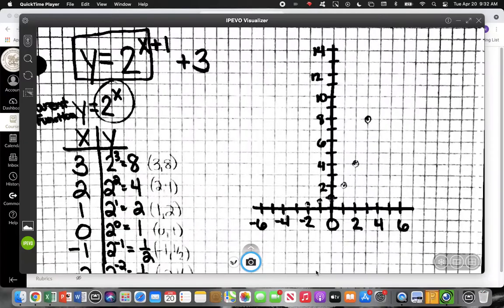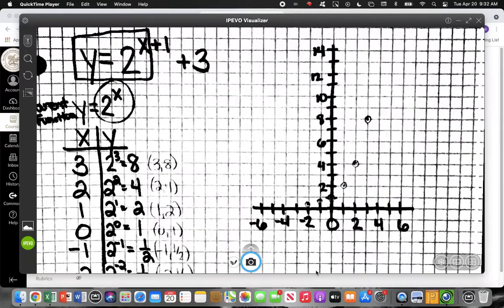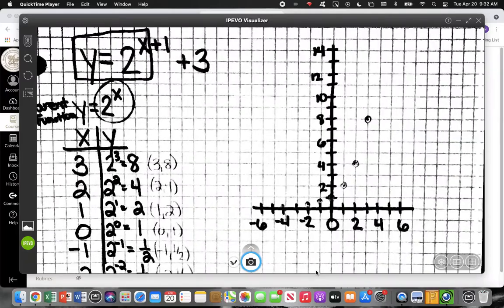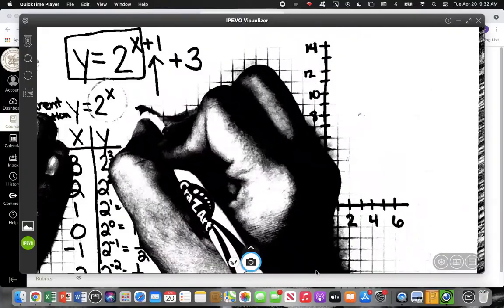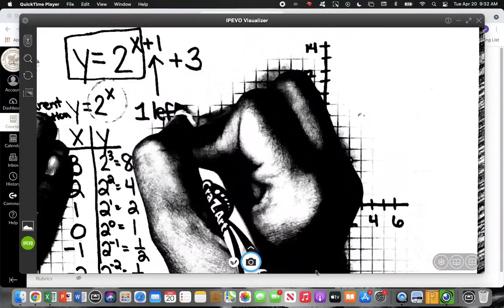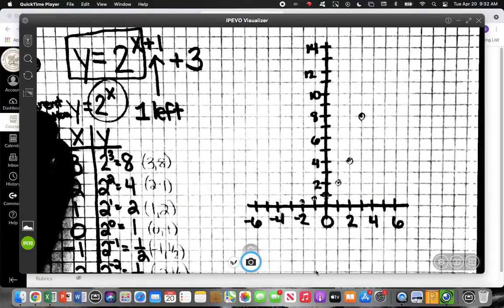All right, we always do the opposite of what we think. So if it's a +1, it always goes in the opposite direction. So we are going to move every point 1 unit to the left.